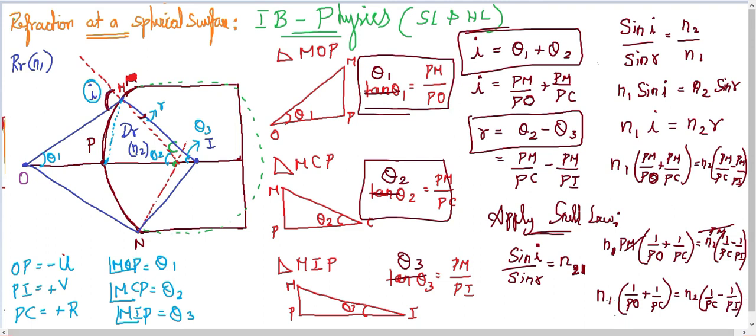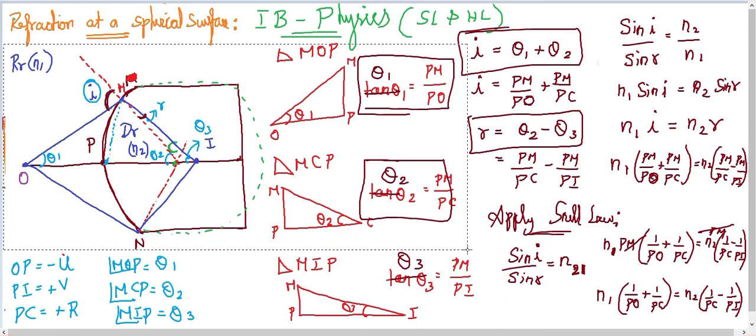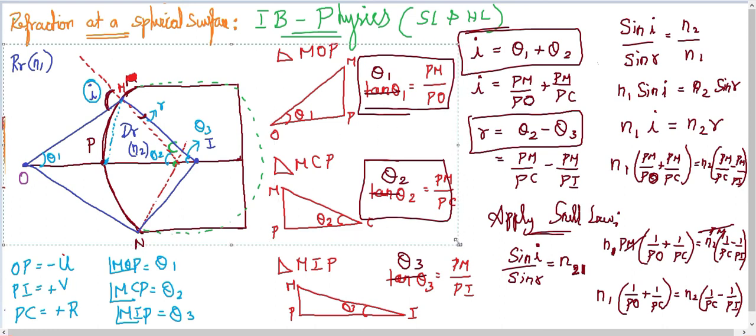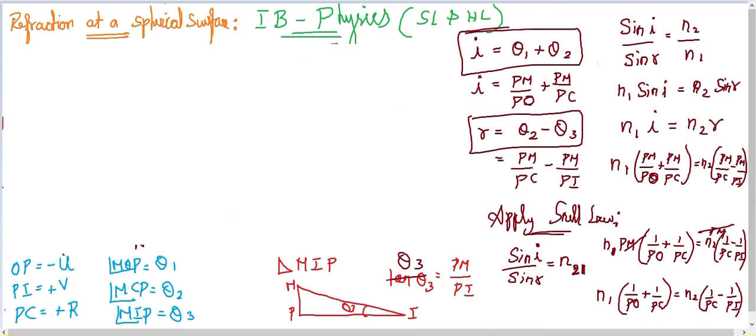Are you okay now? Okay. Let's substitute the Cartesian sign convention here. I'm deleting this part for my convenience to write. So this is n1 into 1 divided by Po plus 1 divided by Pc is equal to n2 into 1 divided by Pc minus 1 divided by Pi.